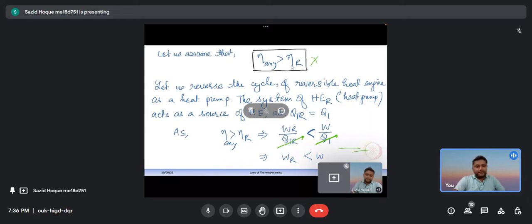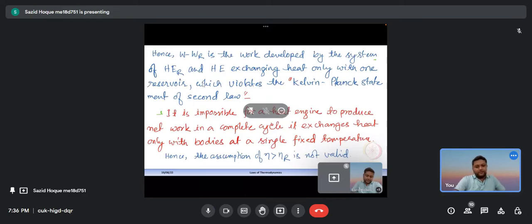The Kelvin-Planck statement says that it is impossible for a heat engine to produce net work in a complete cycle if it exchanges heat only with bodies at a single fixed temperature. If it violates the second law, then the process is not spontaneous, so that shouldn't happen.